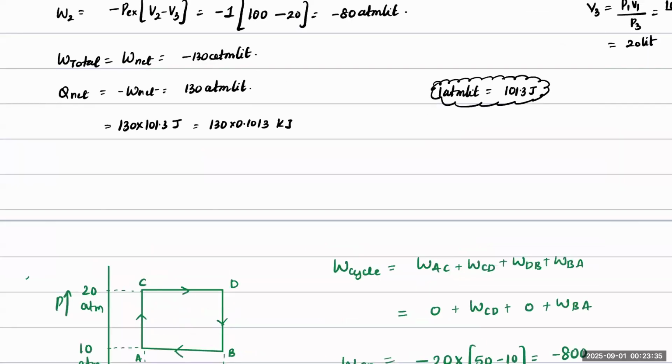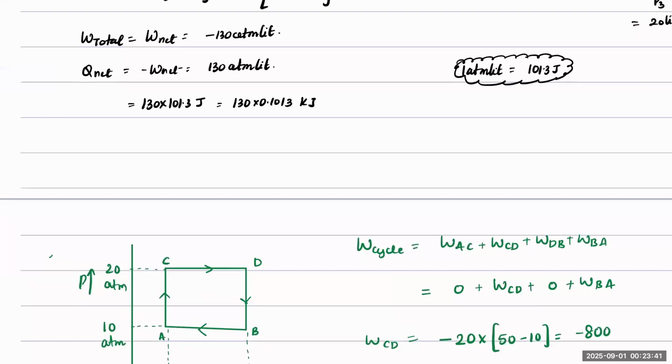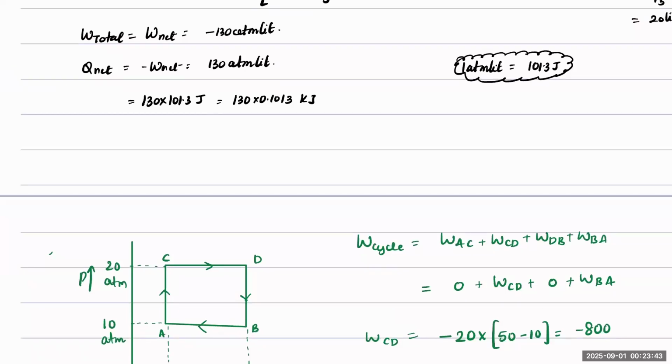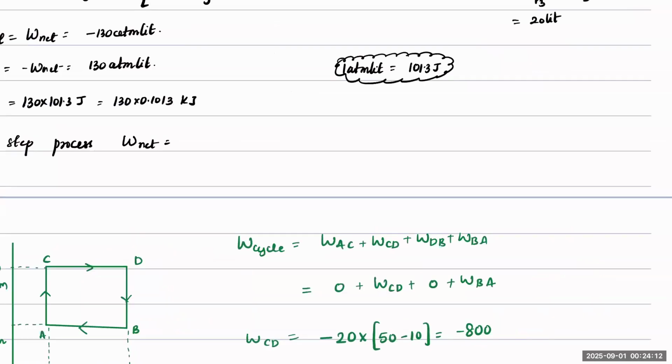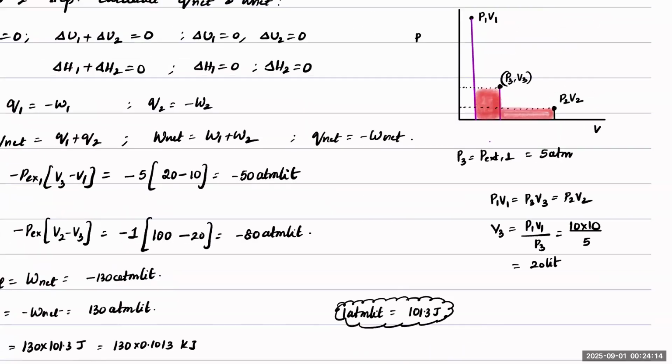Okay. Now in this question, like I said, what if we go with one step? Suppose for a one step process, then the net work done W net will be equal to simply the area under this graph, from here till here.